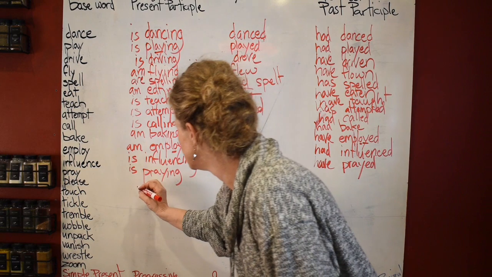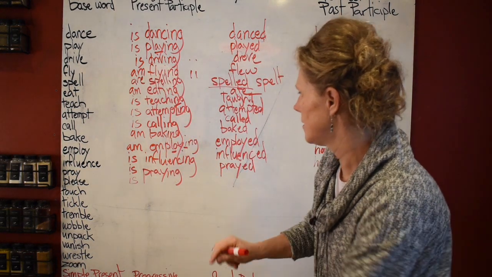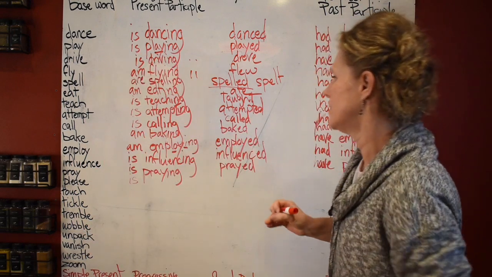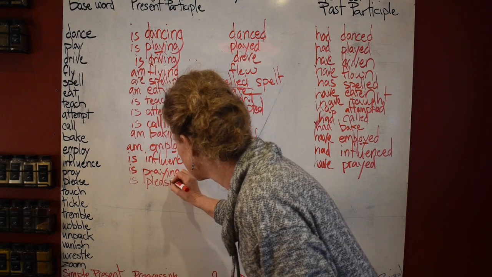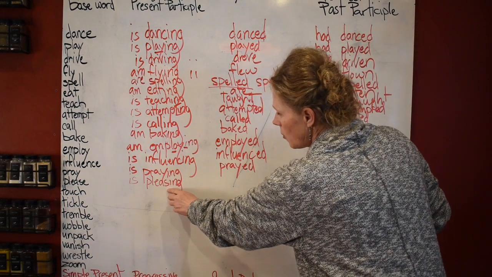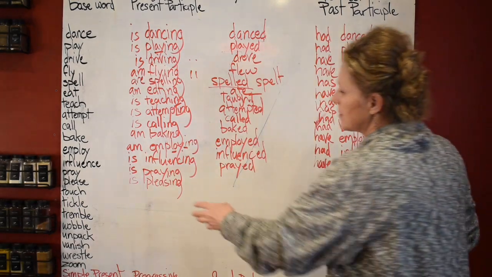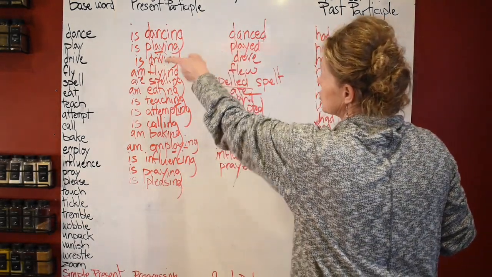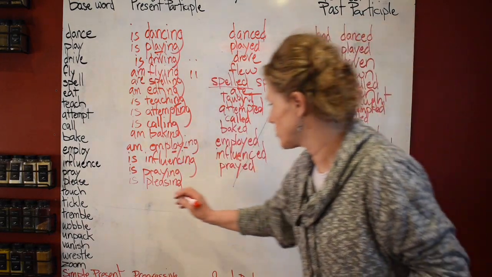Please. Pray please. Is pleasing. I feel like that's a different meaning for please though. Pleased. But still you need to understand that no matter what, that is your present participle. And if you're using it as a verb, that's what you're going to do.